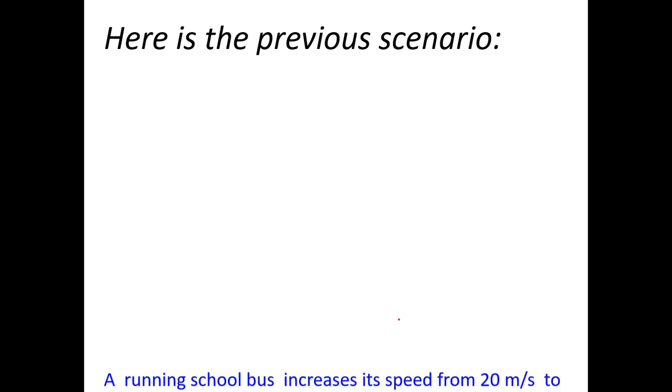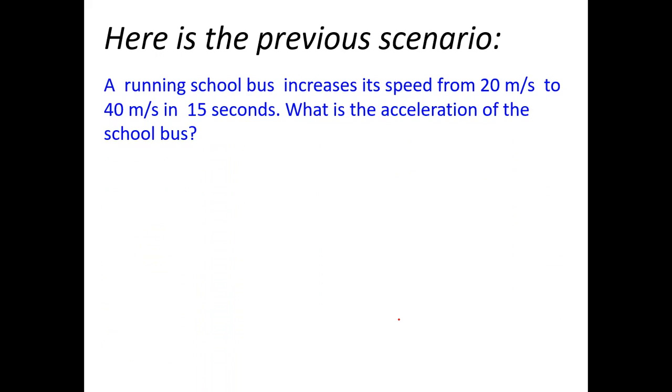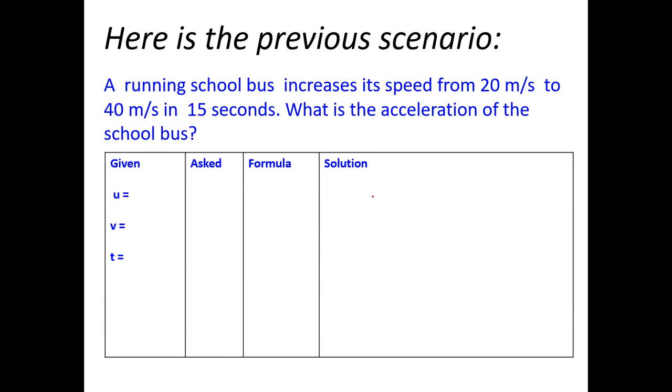So moving on, if we look at the previous scenario, what is the acceleration of the school bus if the speed increases from 20 meters per second to 40 meters per second in 15 seconds? All right. As you can see in this problem, you are given two speeds, that is 20 meters per second and 40 meters per second. So if you look at the given, you have here u, v, and t.